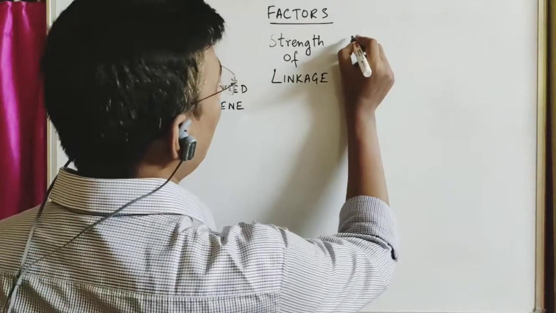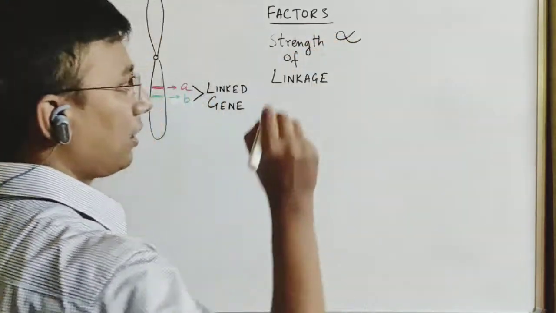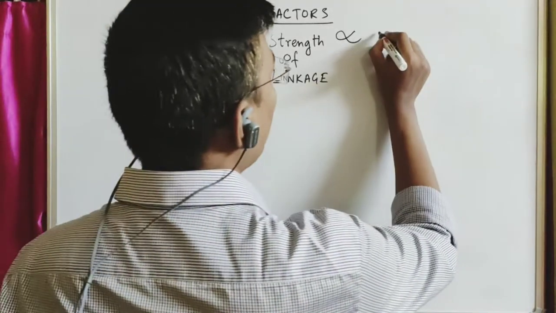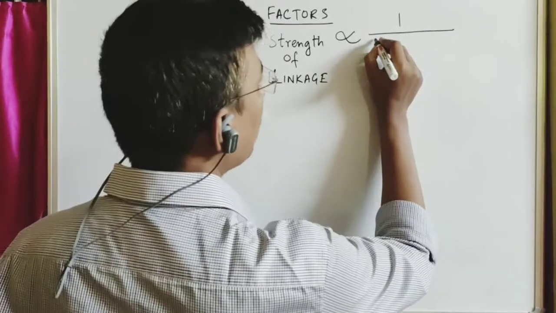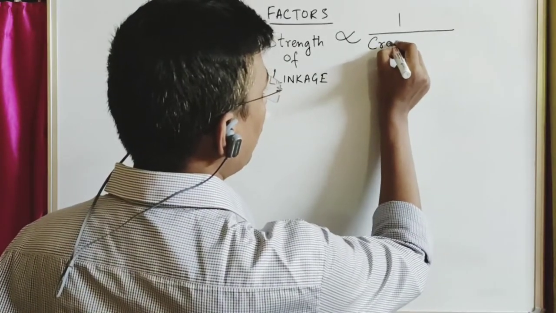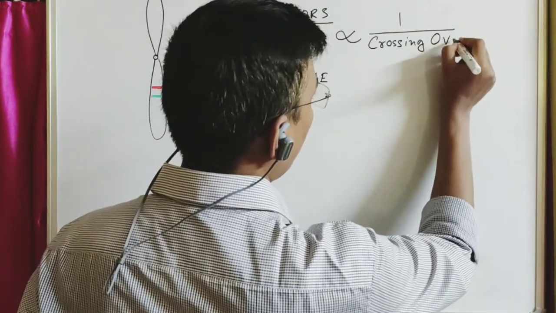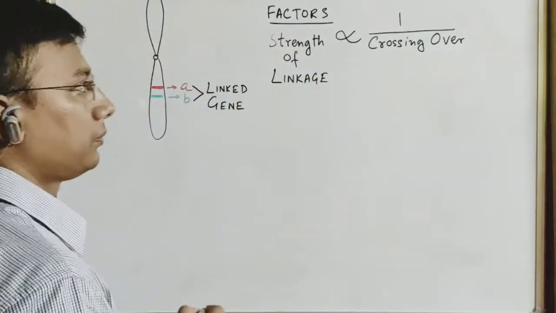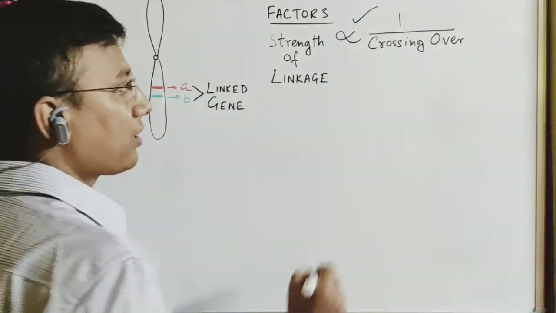First of all, strength of linkage is proportional to 1 by crossing over. So that is the first factor.